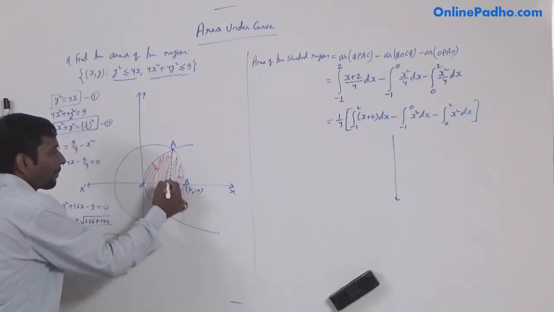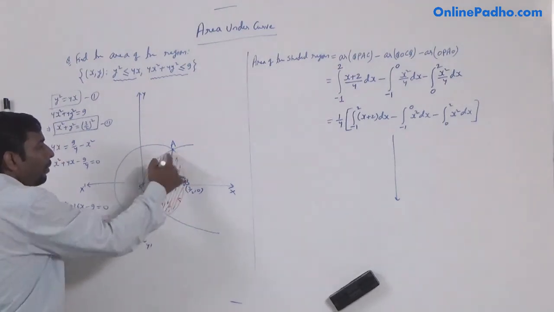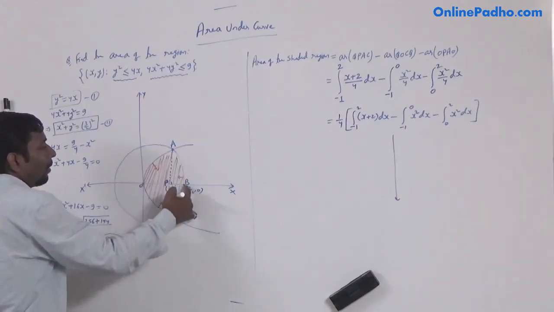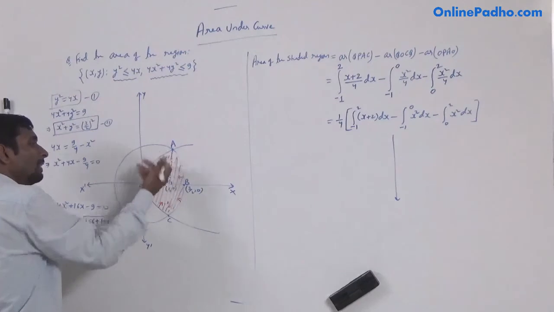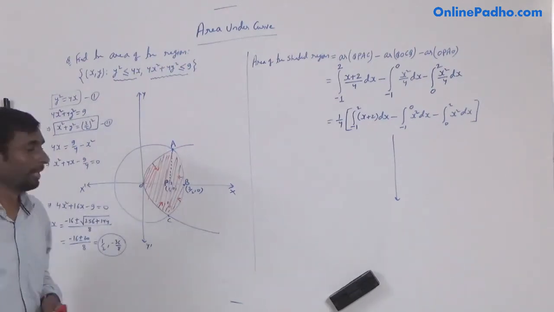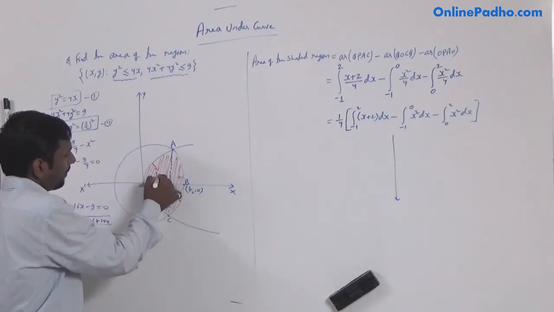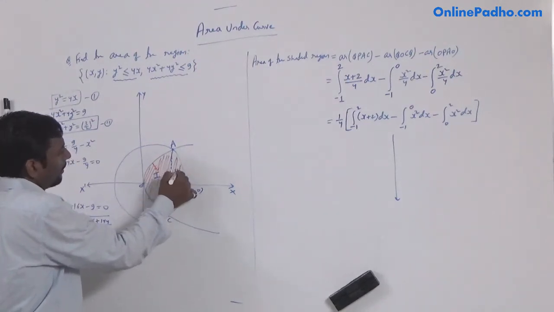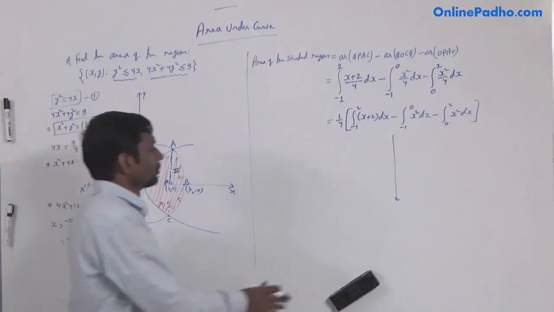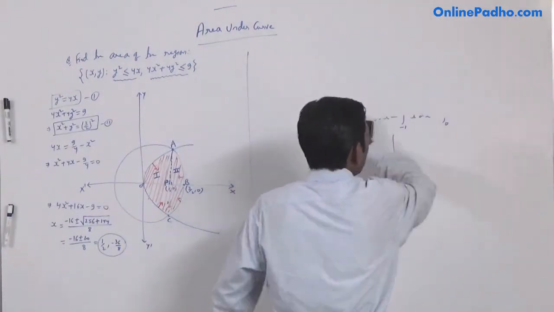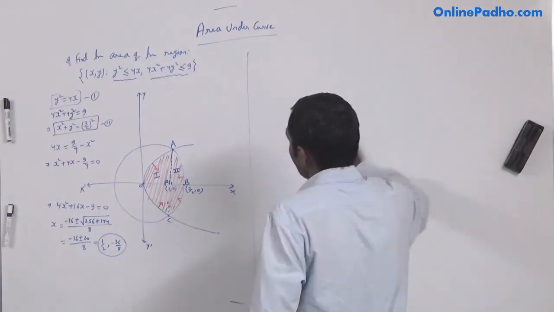The first part is OBAO, and twice this area will give the complete area. So we have to find this in 2 parts: first the area of this part and second the area of this part, right? So finally, let us see how to find the area of the complete shaded region.